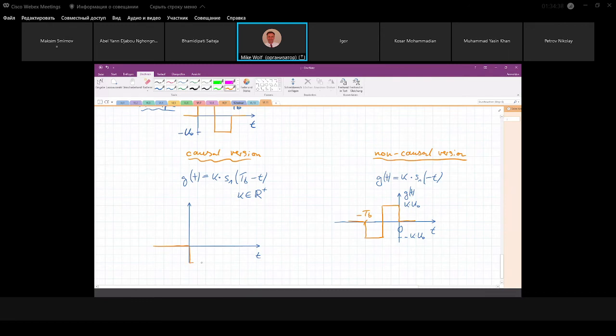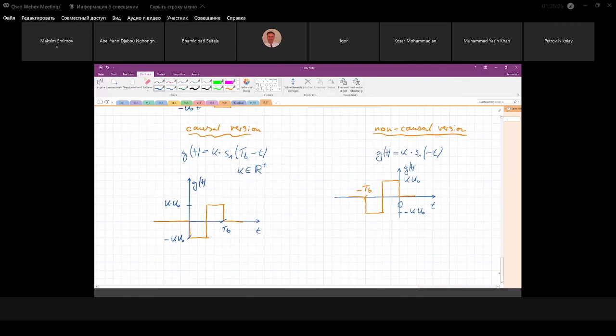But this is the correct impulse response. You are right, it looks like minus S1 of t. This is not the general case. This is just because of the symmetry of our signal. This is Tb. The impulse response is causal. Here we would have k times u naught and k times u naught, say. And this would be the impulse response in the causal case.